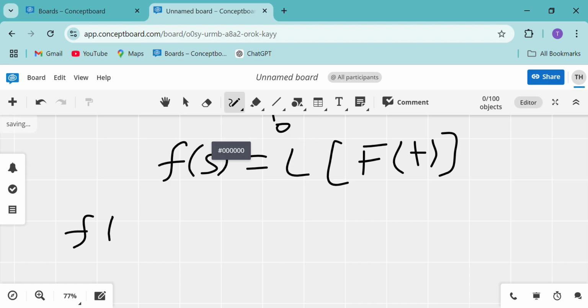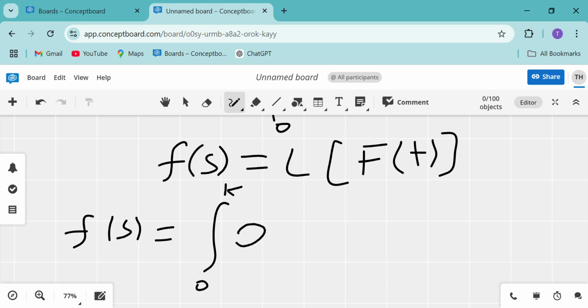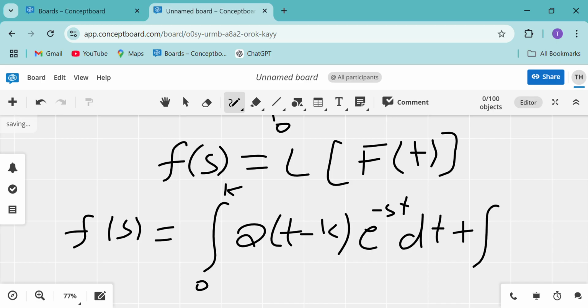Our F of s will be equal to, because we have started from 0 to k, I will write from 0 to k, and our function will be u(t minus k) exponential minus st dt, plus k to infinity, u(t minus k) exponential minus st dt.